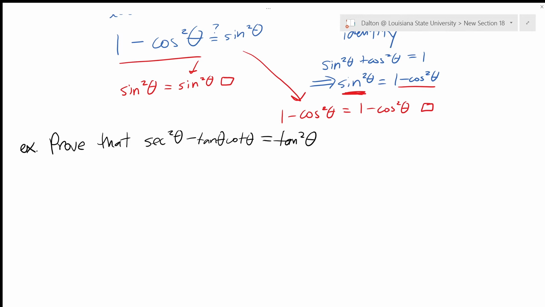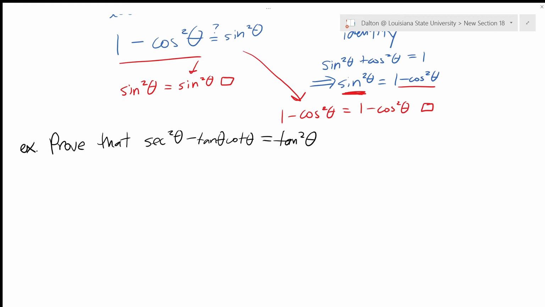A hint that is in your proof tips is obviously start with the more complicated side, which I agree is the left side, if you agree. And another thing is, it says try to get everything in terms of the trig function that you already have on the other side. My other side is tangent.